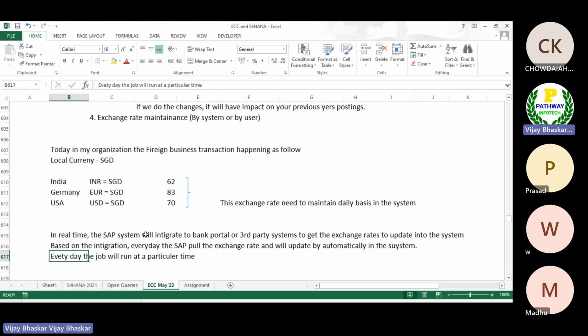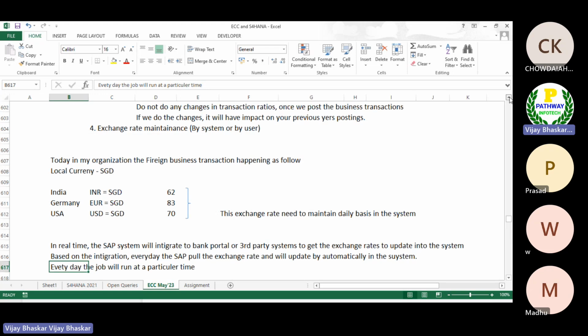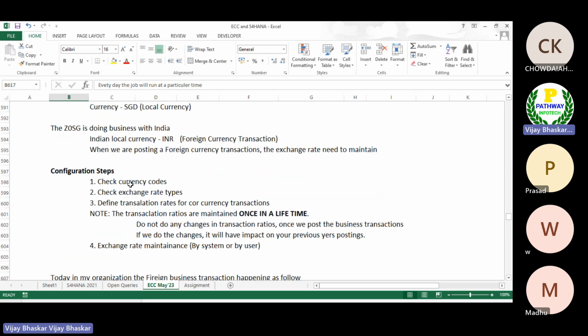Now, this is the exchange rate we are talking about. But before going to exchange rate, what are the things that need to be maintained in the system? Yesterday we have already discussed currency rates, currency codes. The currency codes are nothing but each country will have separate currency codes that have been decided as per ISO standards.